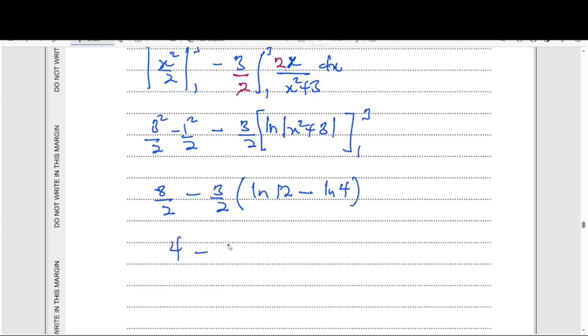So 4 here minus 3 over 2. Remember the law of logarithm: ln of a minus ln of b is equal to ln of a over b. So I'm going to write 12 over 4, which is 3. The second one looks simpler and easier, right? So choose wisely whether you want to go hence or otherwise.